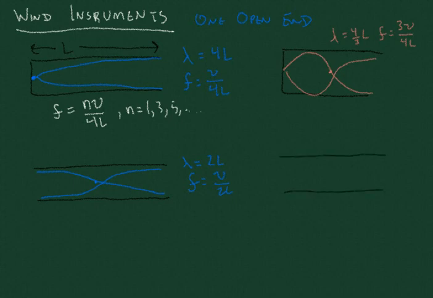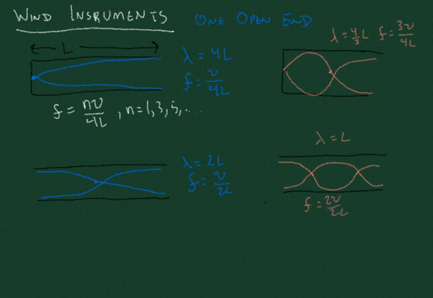Of course, for the next wave, we add a node. So we see the next frequency that's allowed is for lambda equal to L. So f is 2 times the speed over 2L.